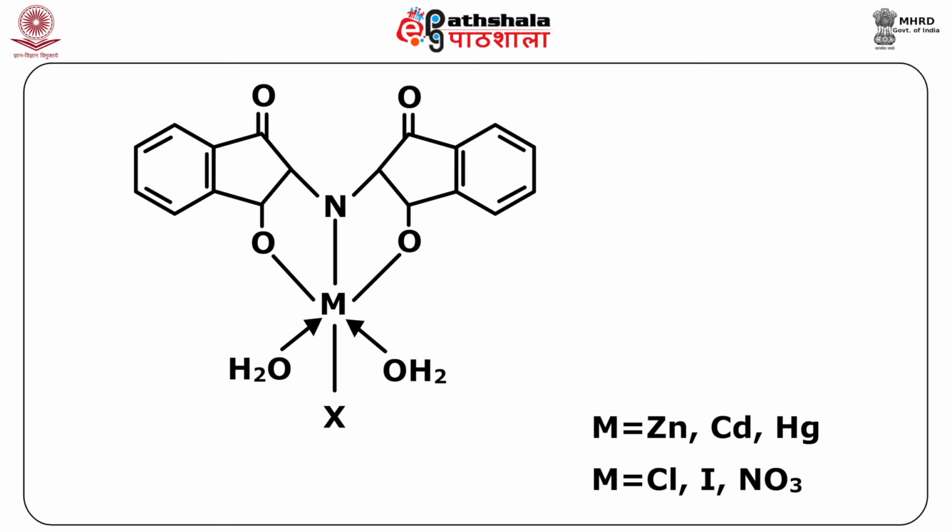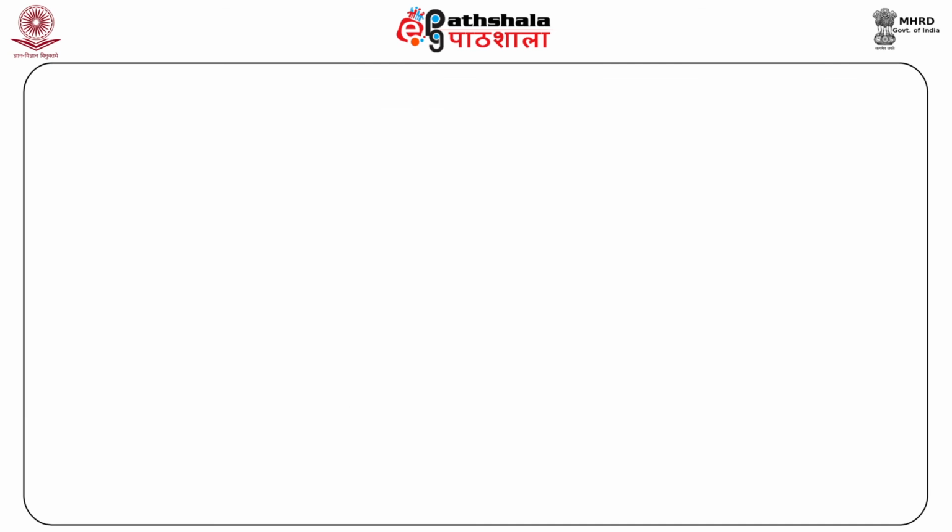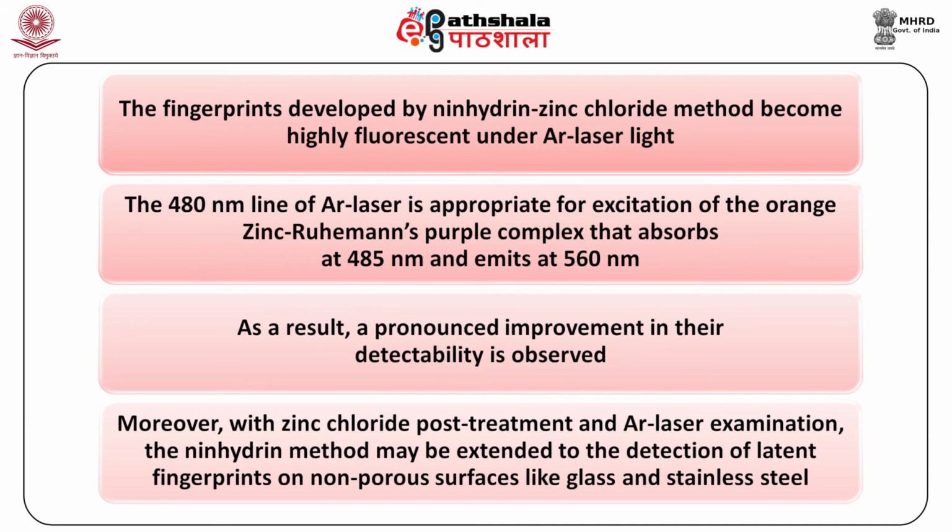In order to improve the working performance of ninhydrin reagent, the developed prints are post-treated with group 12 metal salts. This interaction converts a non-fluorescent Ruhemann's purple into a photoluminescent complex. The fingerprints developed by the ninhydrin zinc chloride method become highly fluorescent under argon laser light.